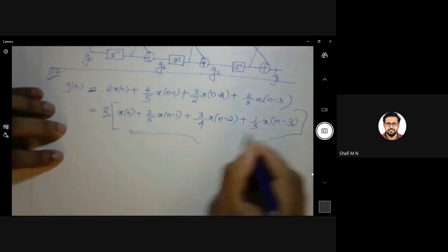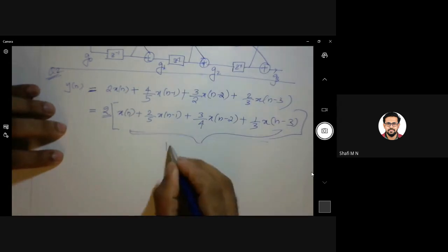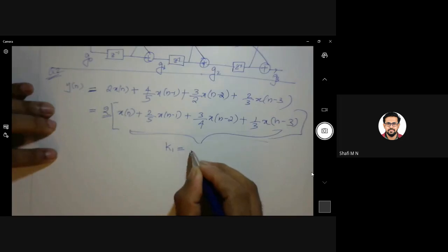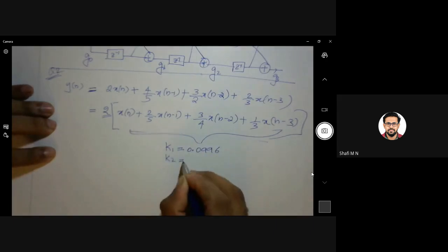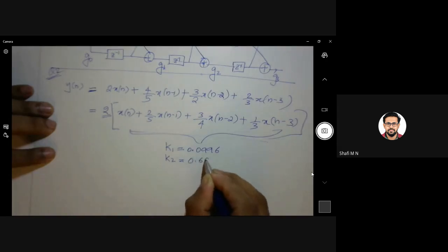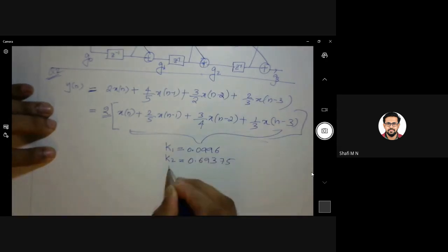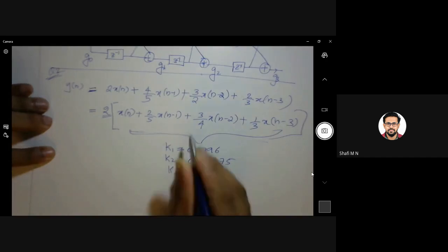So for this particular case, let me write the k1 value. What was k1? 0.0996, and k2 was 0.69375, and your k3 was 1 by 3 for this particular system.